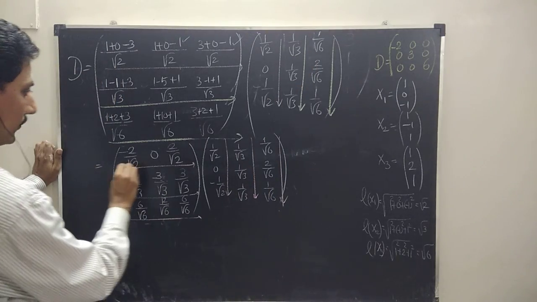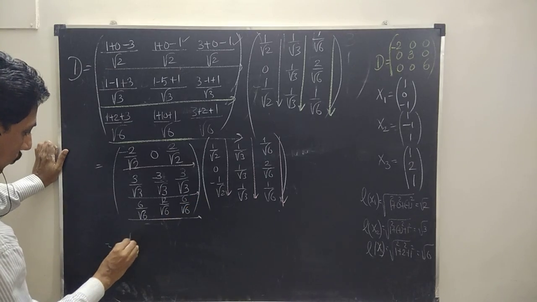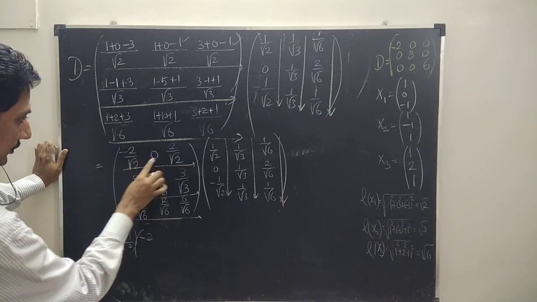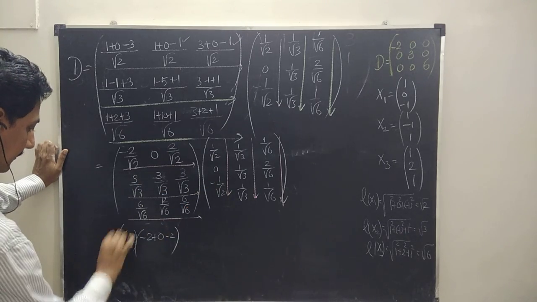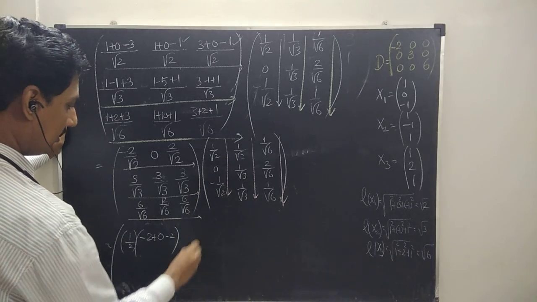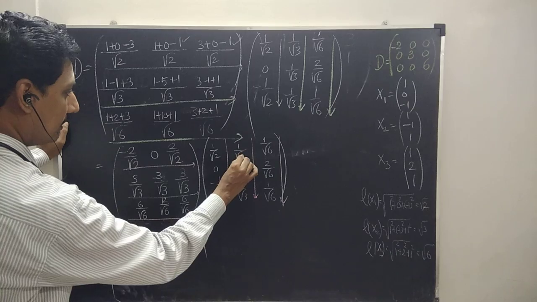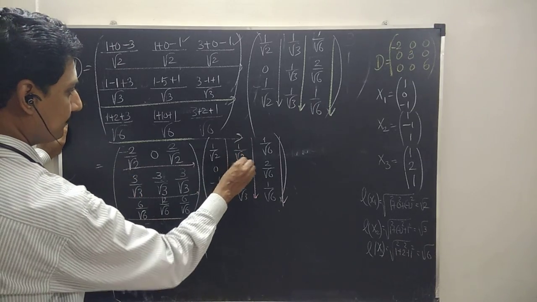Now multiplying this one with this. Again 1 by root 2, 1 by 2, so 1 by 2 is taken outside. Minus 2 into 1 is minus 2. 0 into 0, 0. 2 into minus 1 is minus 2. Right? And again 1 by root 2 into 1 by root 6, 1 by root 6 is taken outside. This row and this column, the denominator is 1 by root 2, 1 by root 3.